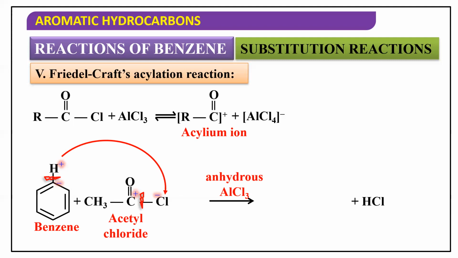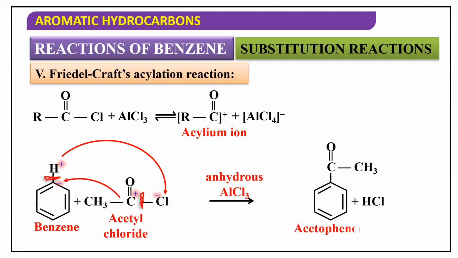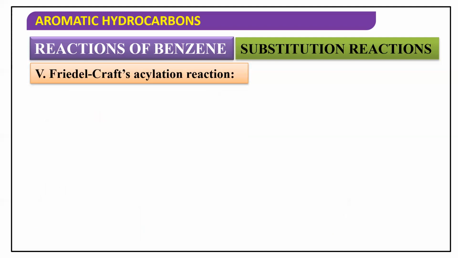So CH3CO plus will attack the negative charge on benzene, form a bond, and give acetophenone. Clear? Pretty straightforward. In the previous case, it was substitution of hydrogen by an alkyl group. In this case, it's substitution of hydrogen by an acyl group. Clear?